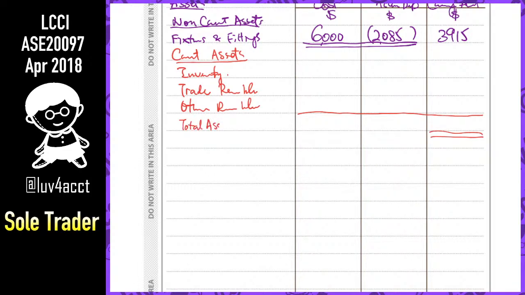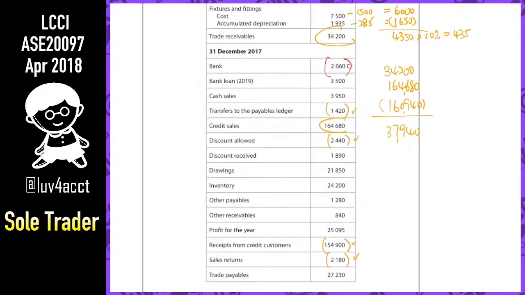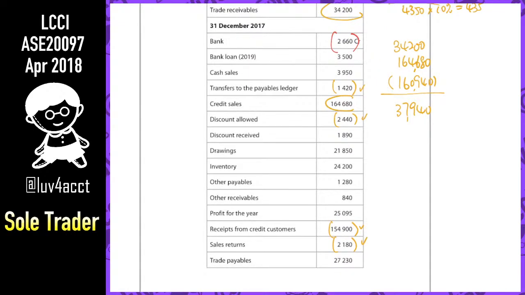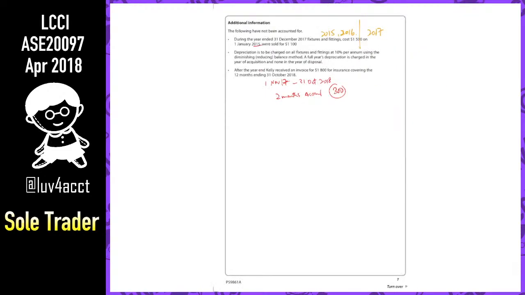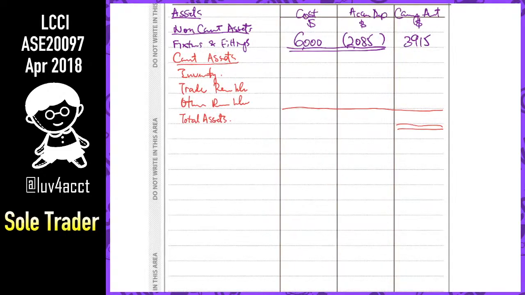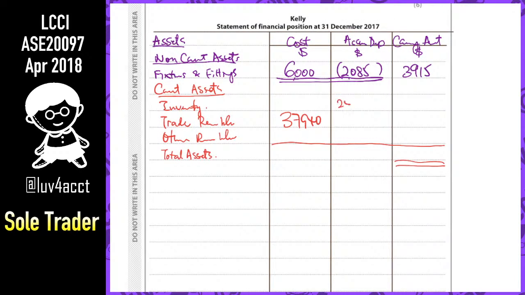Total assets. Inventory, how much? 24200, other receivable 840, and then we look at the answer we have calculated for trade receivable, 37940. Inventory 24200, 840 here. No adjustment for these two items.